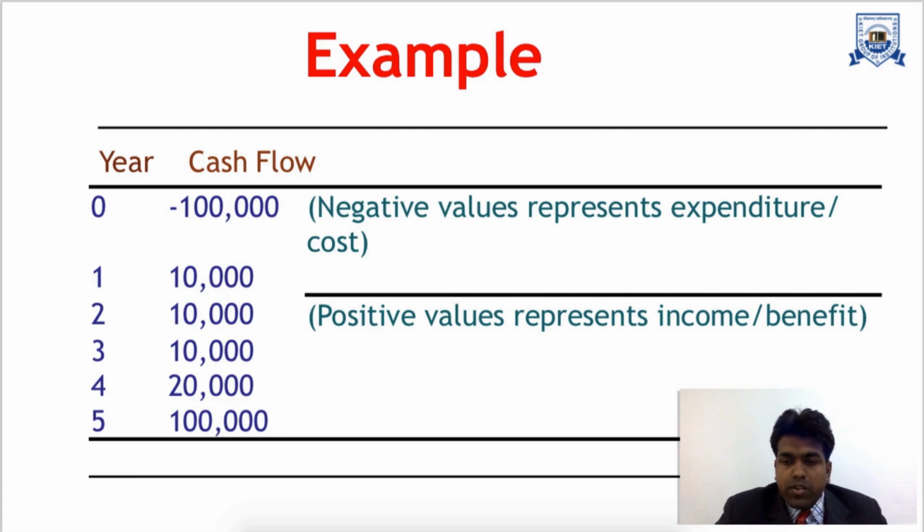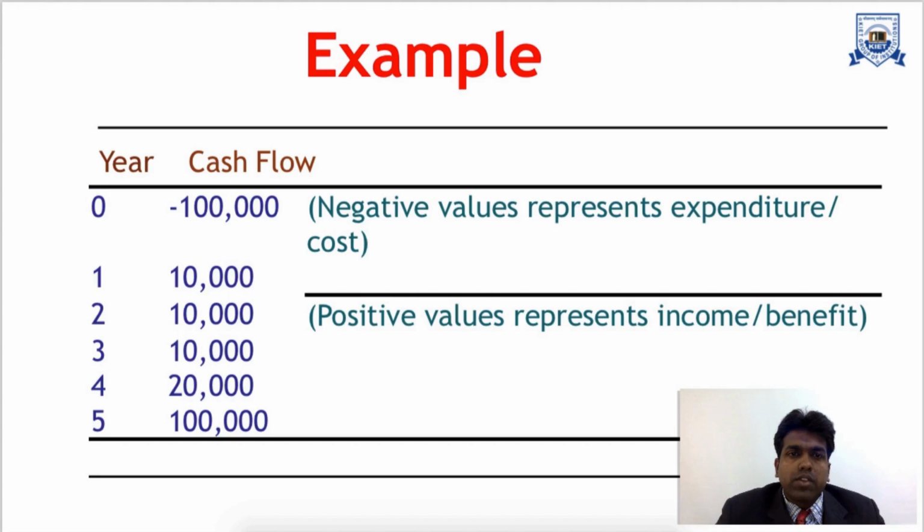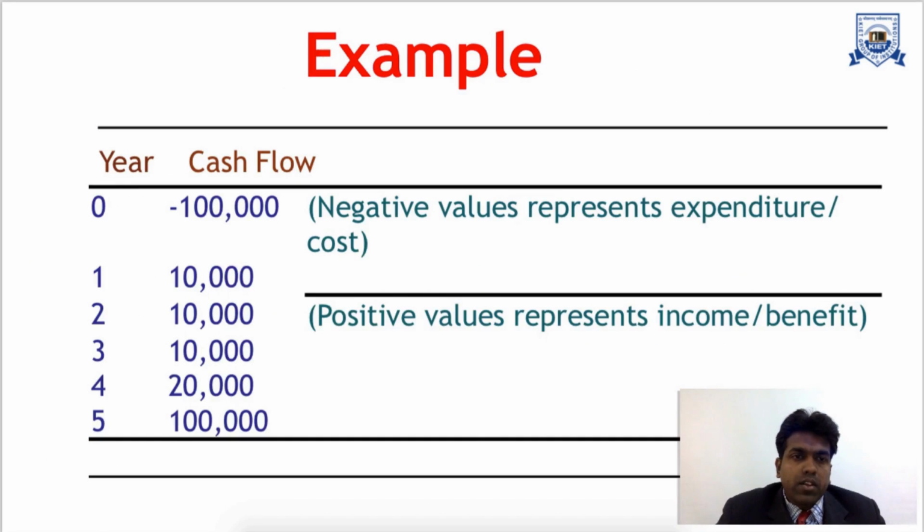Okay, so as I told you, now we can calculate net profit. I already told you net profit can be calculated using this formula: total income over the life cycle of the project minus total cost. With this example, you can see that total income is whatever we are getting from first year to fifth year.